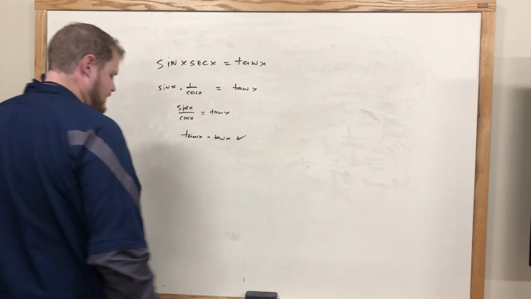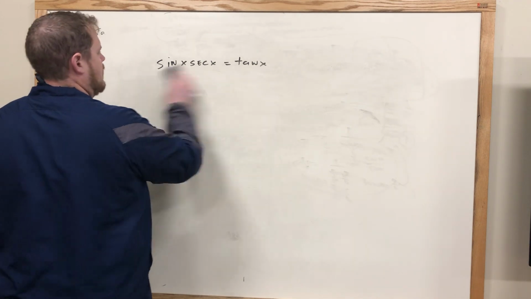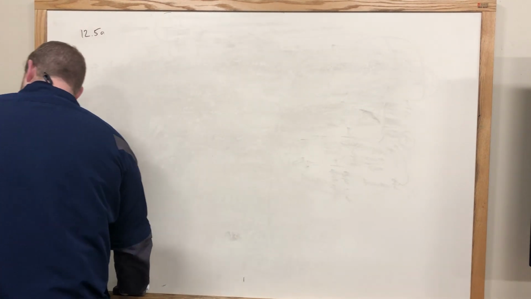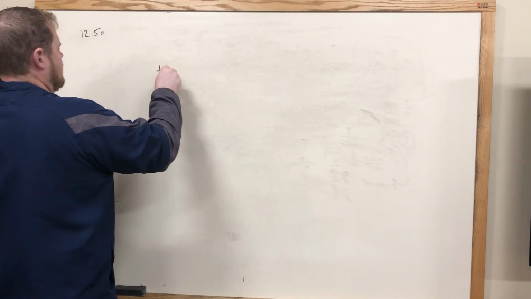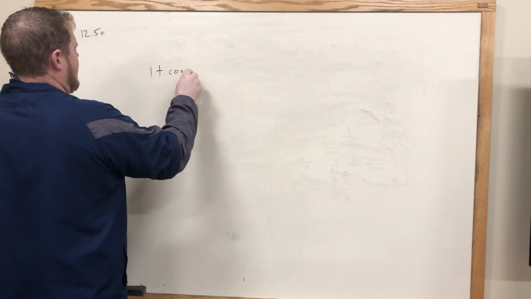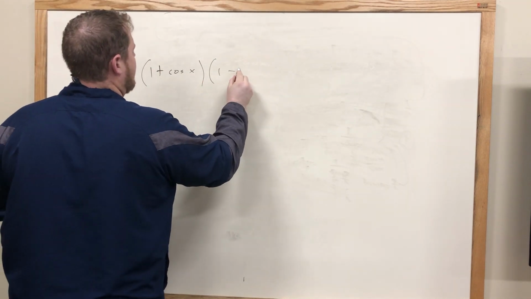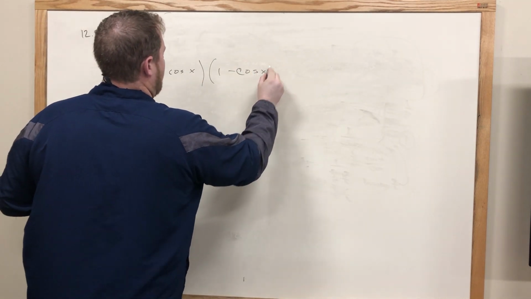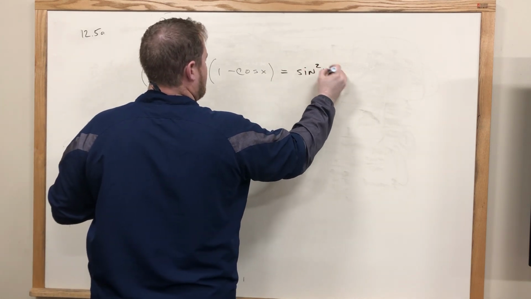But let's try a different one. 1 plus cosine x, times 1 minus cosine x equals sine squared x.